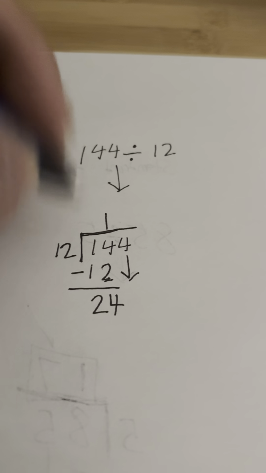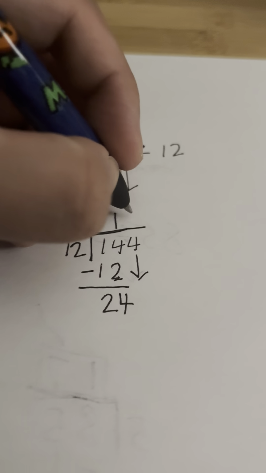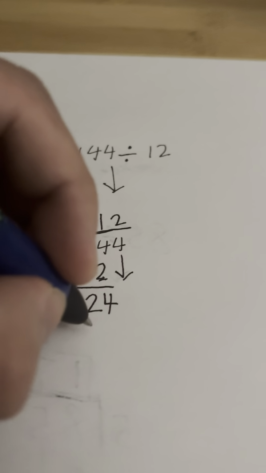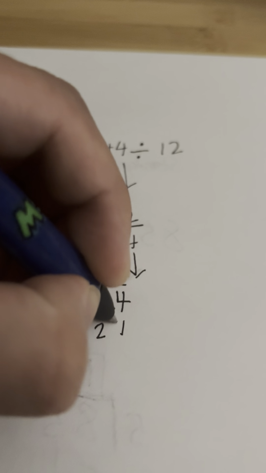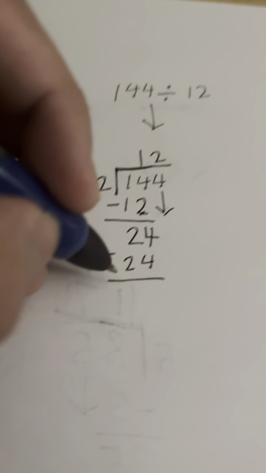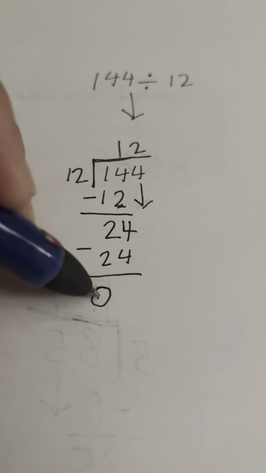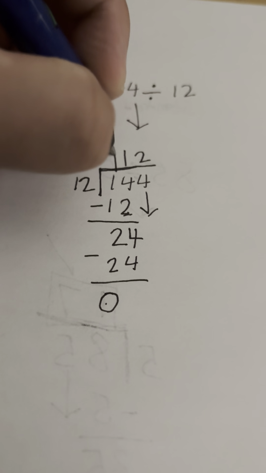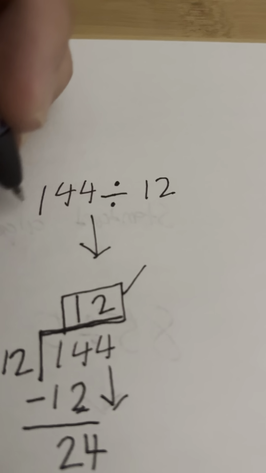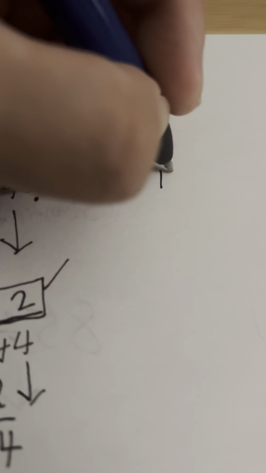I'm going to pause the video if you need to figure it out, but it should be easy enough. 12 times 2 equals 24, so the last thing I need to do is 24 minus 24, which equals 0. Now we reached 0, so all I have left to do is box in our answer. 144 divided by 12 equals 12.